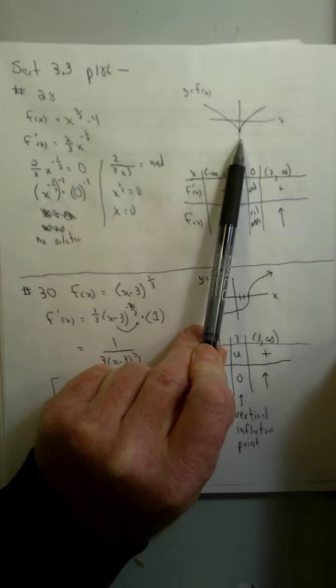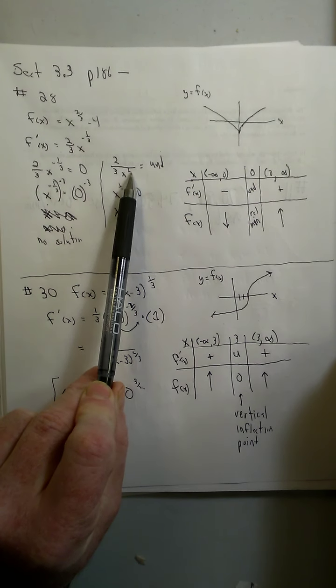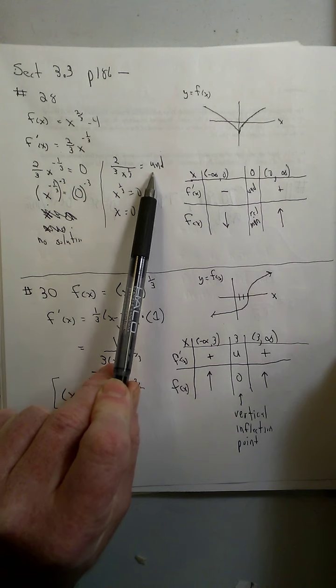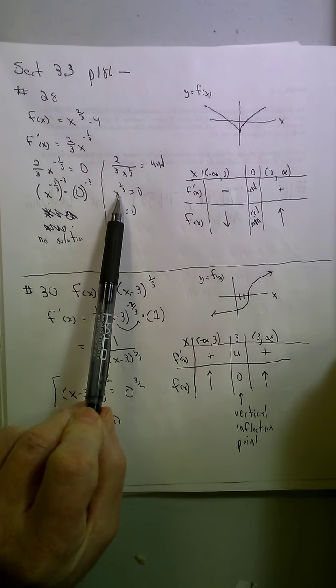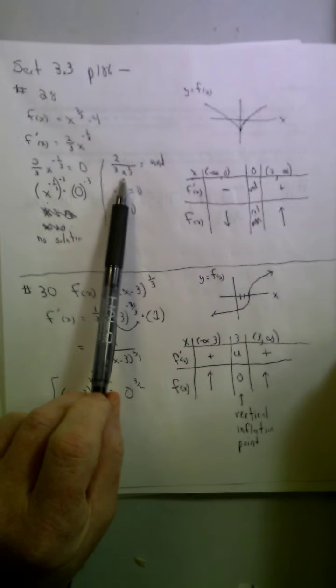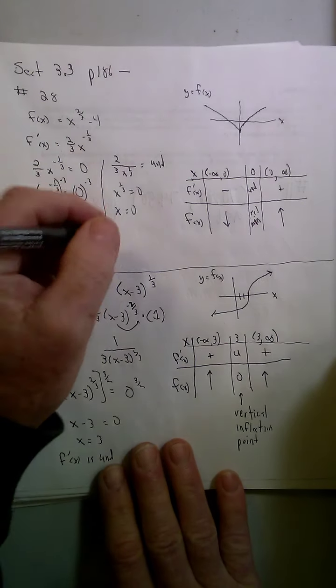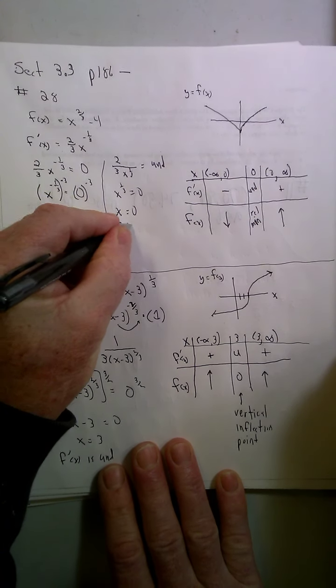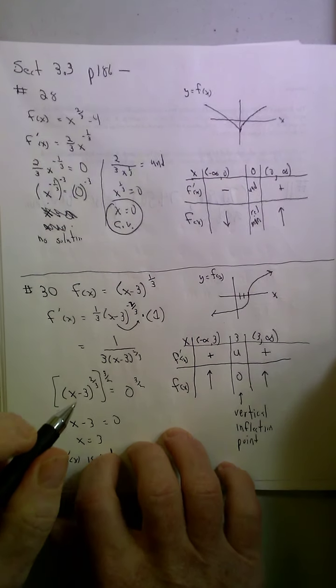Look over here, no horizontal tangent lines. Take the derivative and say, well, what makes it undefined? To make a fraction undefined, you need the denominator to be 0, which means x to the 1/3 has to be 0, which is at x equals 0. So this x equals 0 is your only critical value.